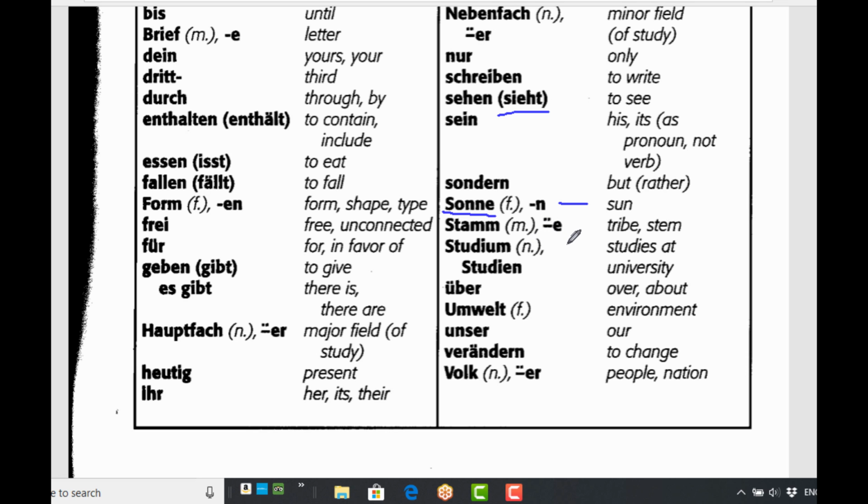Okay, this is similar. Studium. What gender is this one? Studium is neuter because it ends in IUM, always IUM. And besides, of course, they give a little hint here. And what does um mean? Means around.